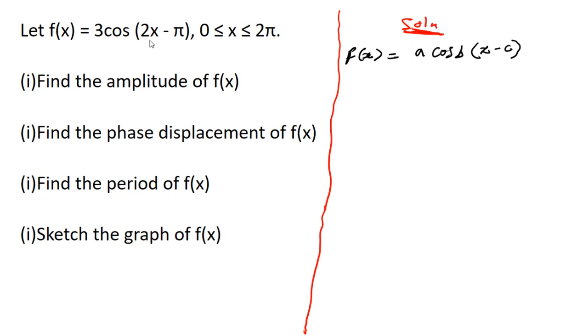In this case, since you have a 2x inside, the coefficient of x here is just 1. So you need to make sure that even that one has a 1. So we say f of x is simply equal to 3 cos(2x minus pi).